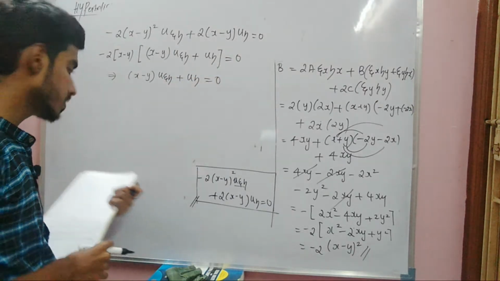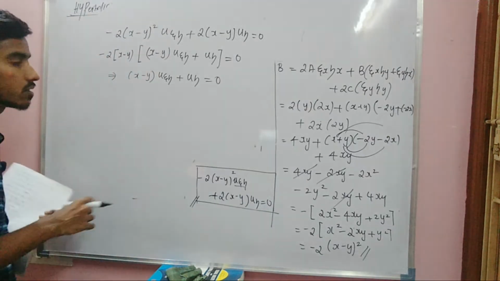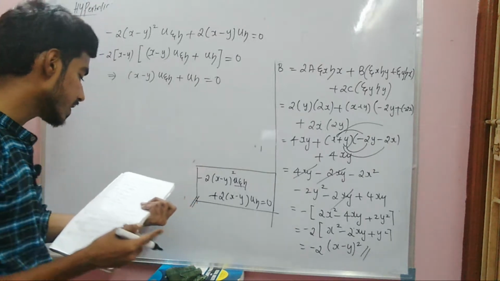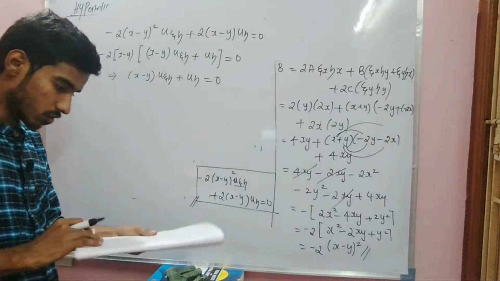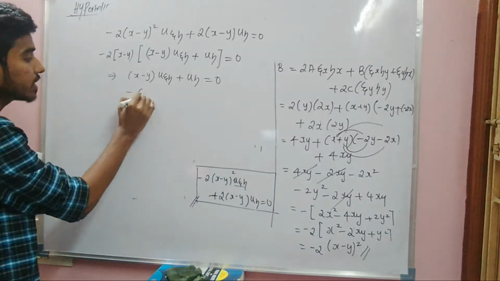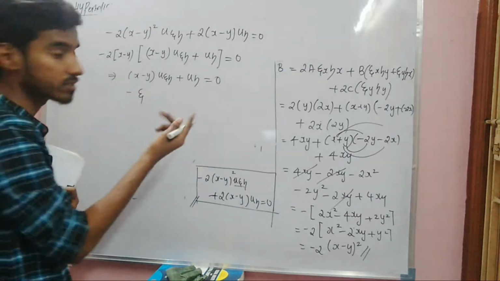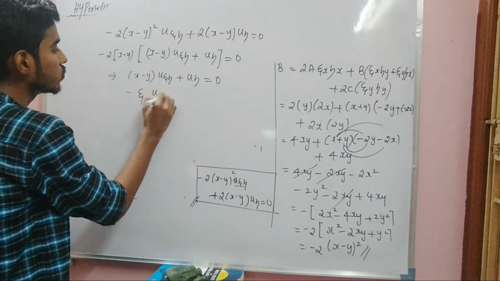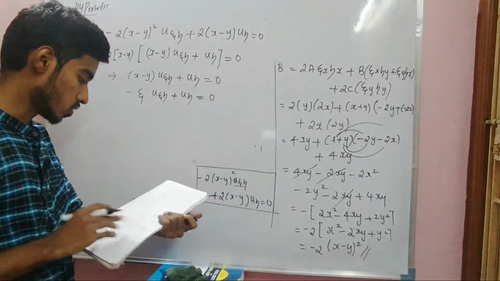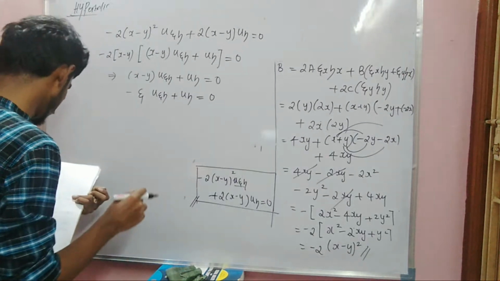So we know what our theta is. Our theta is y minus x, right? You already found the characteristics. Theta is y minus x, and eta is, you have found, y square minus x square. So I can replace x minus y with minus theta, because theta is y minus x. So this is minus theta u theta eta plus u eta is equal to 0, right?